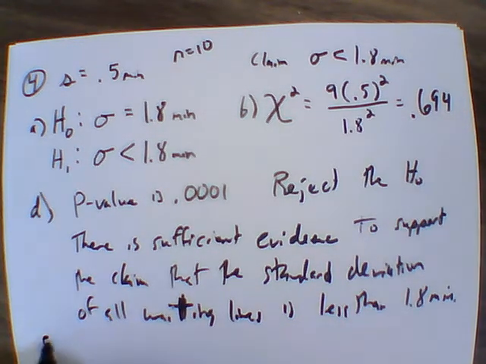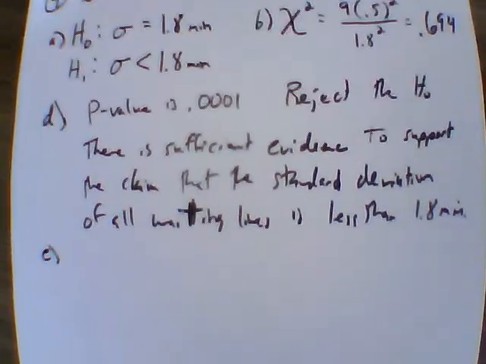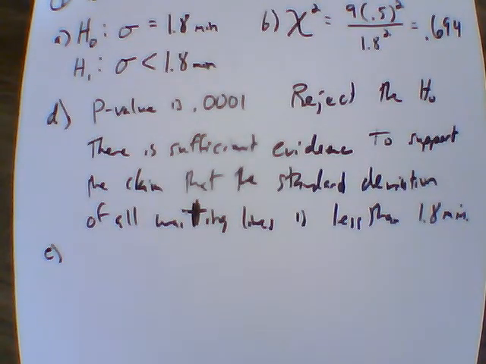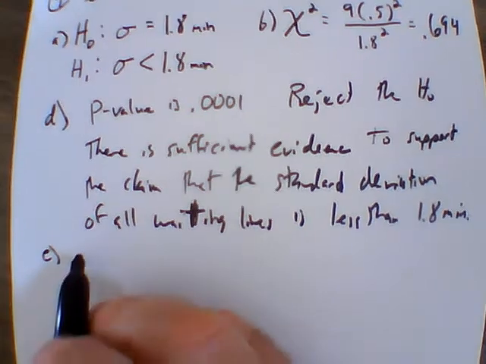Now, part E talks about the practicality of this. It says, what does the conclusion suggest about the effectiveness of changing from multiple waiting lines to a single waiting line?